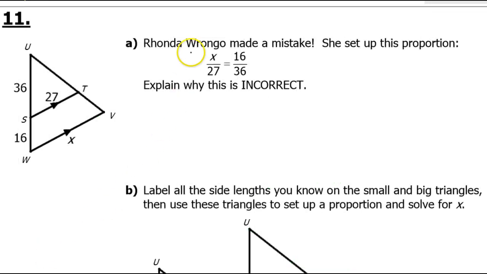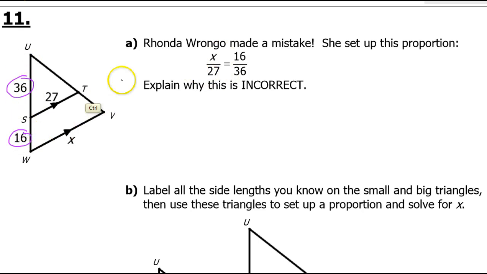For number 11, Rhonda Rongo made a mistake. She set up this proportion. Explain why this is incorrect. Well, she used 16 over 36. Okay, she's doing this over this. So it looks like she's about to use the side splitter theorem, because 16 is definitely not a side of a triangle. It's just a portion of a side.